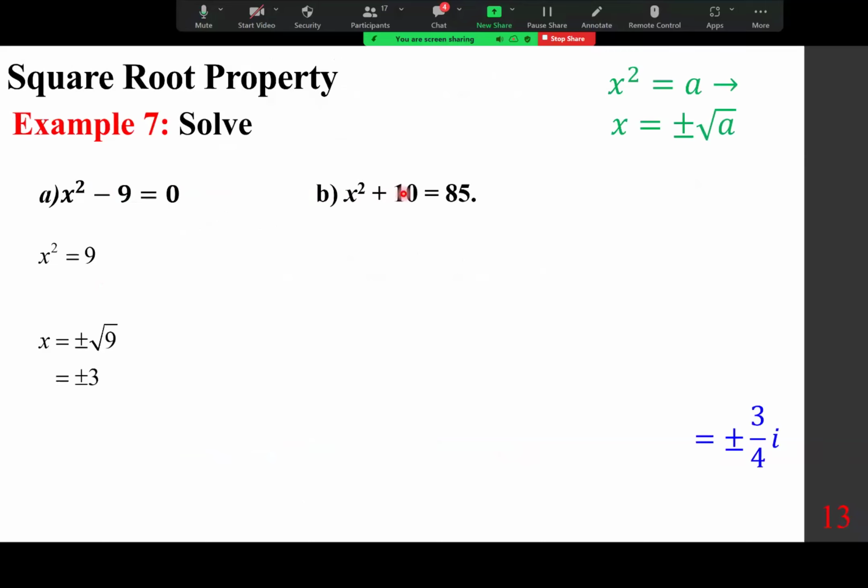Same thing here, you move the 10, that means you subtract it from 85. You get 75. So x is plus minus square root of 75. Now, 75 is the product of 25 and 3. 25 comes out as a 5, 3 remains, plus minus 5 square root of 3.